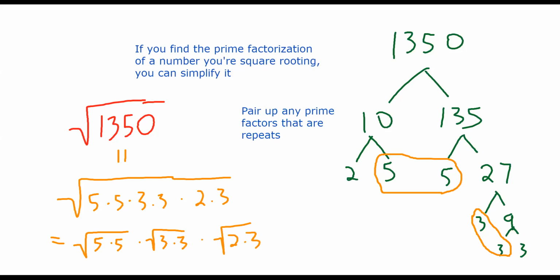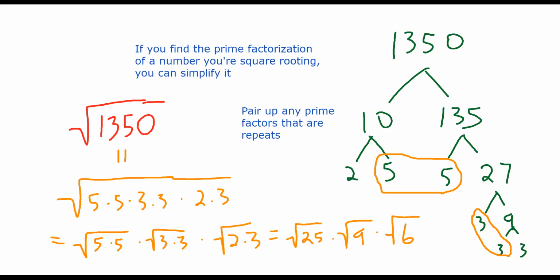Why the heck did I do that? Because 5 times 5 is 25. So I'm doing the square root of 25. 3 times 3 is 9, times the square root of 9. 2 times 3 is 6, so times the square root of 6.